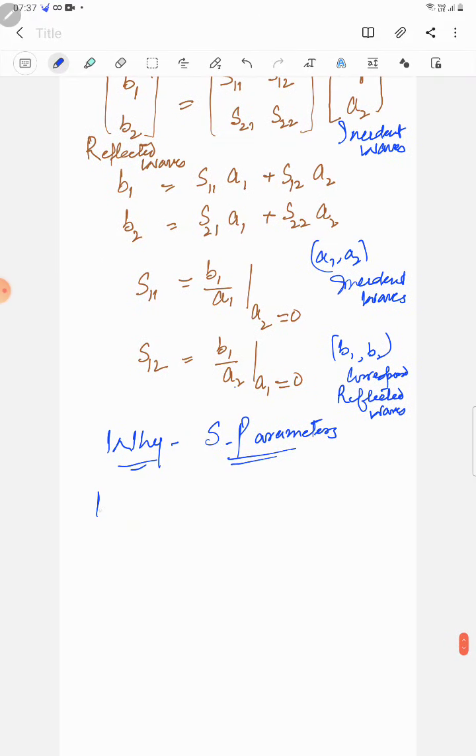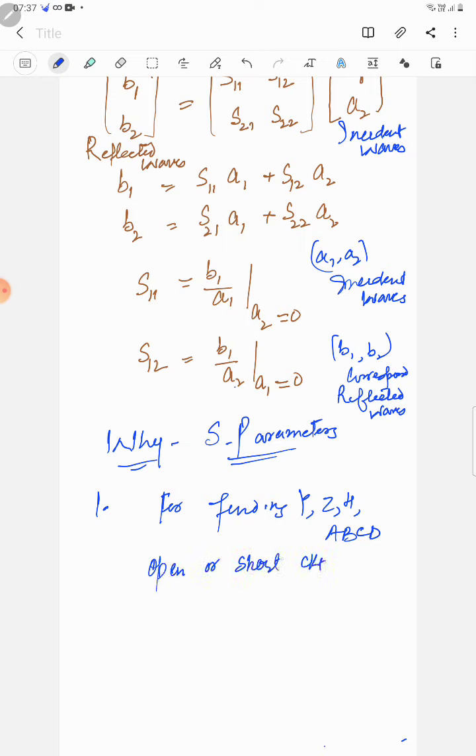So why S parameters? The first important reason is that, for finding the low frequency parameters, the parameters that are used at lower frequencies, usually, for example, for finding Y, Z, H, or for that matter ABCD parameters, as I said, we need open or short circuits at the ports.